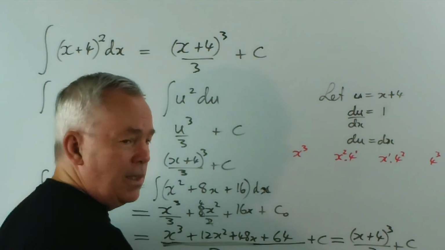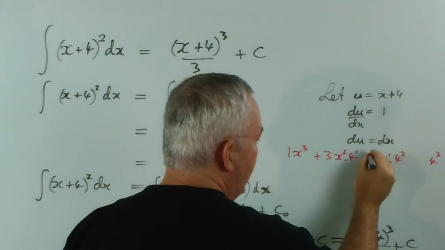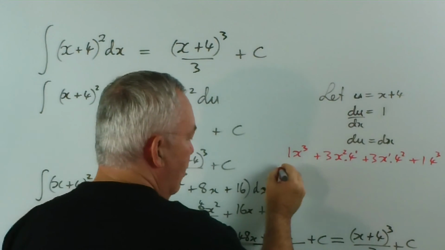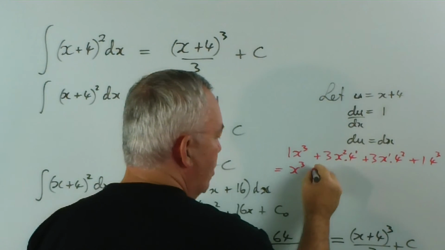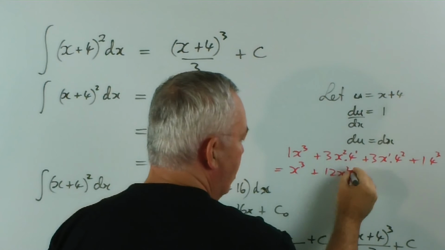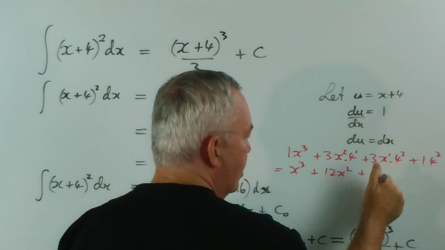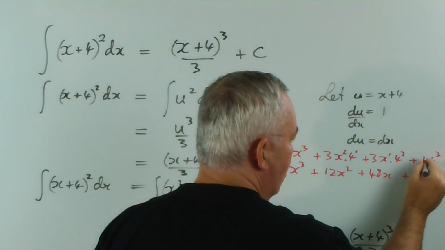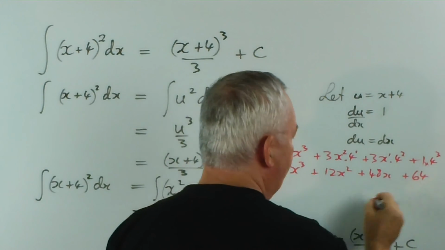If you remember Pascal's triangle, you remember the coefficients will be 1, 3, 3, 1. And what we get is x cubed, 3 times 4 will be 12x squared, 4 squared is 16, and 3 16s is 48x, and this is 1 times, of course, 4 cubed, and 4 cubed is 64.